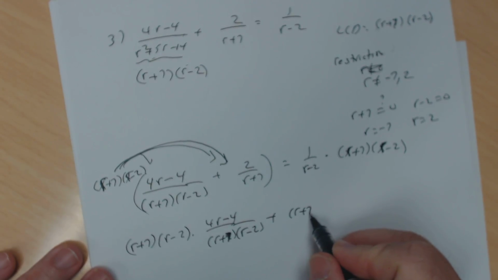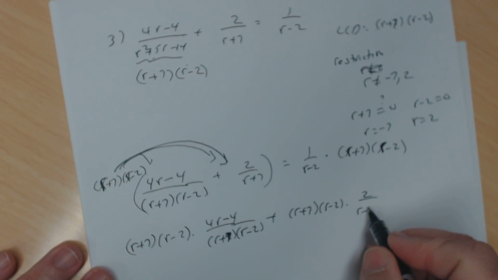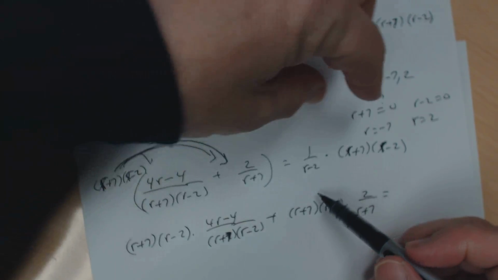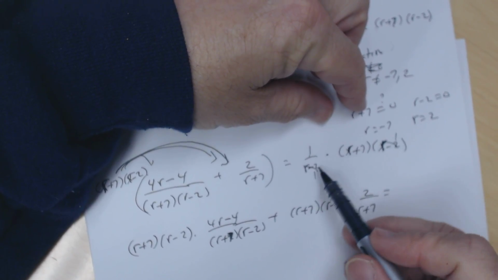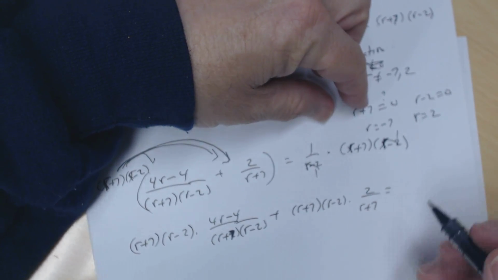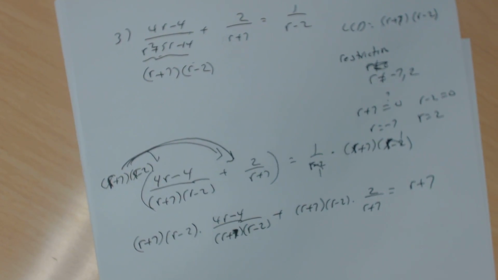So r plus 7 times r minus 2 times 2 divided by r plus 7 equals, and over here, I'm just going to go ahead and reduce these right here. So these divide out, the r plus 7 and r minus 2, and you're left with 1 times r plus 7, which is r plus 7. That's what you're left with. Okay.